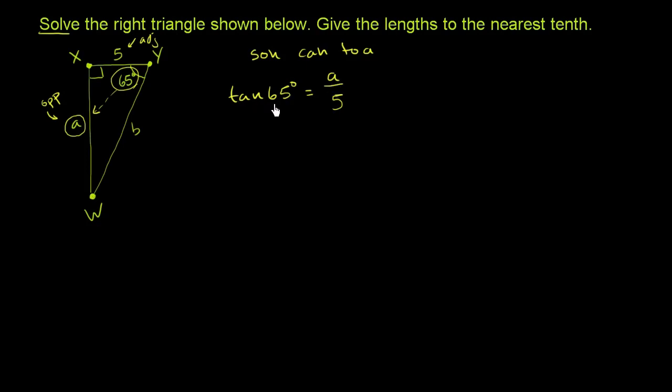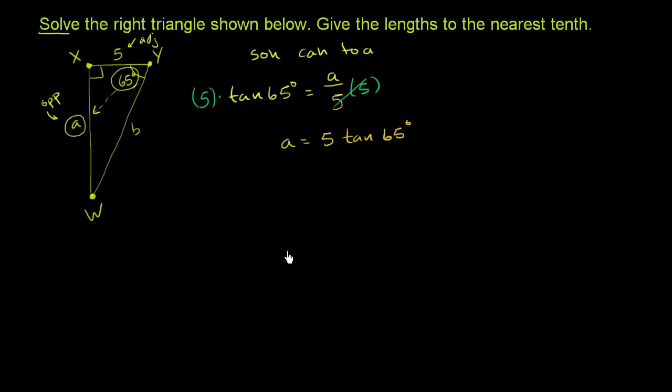We can use our calculator to evaluate the tangent of 65 degrees, and then solve for A. If we just want the expression explicitly solving for A, we can multiply both sides of this equation times 5. These cancel out, and if we flip the equal around, we're left with A is equal to 5 times the tangent of 65 degrees.